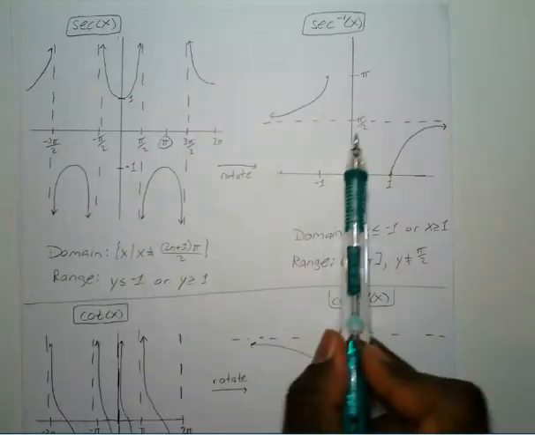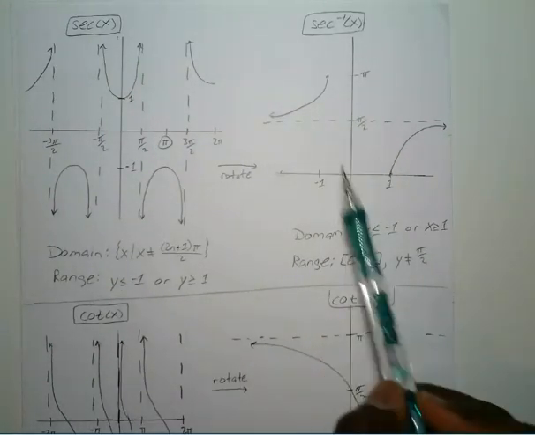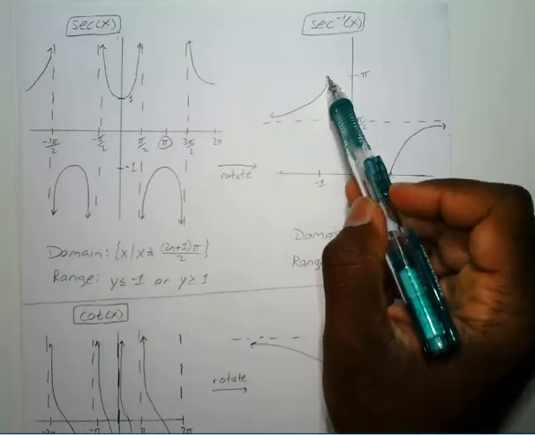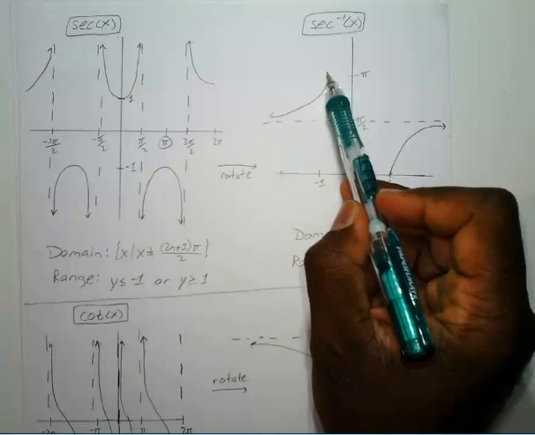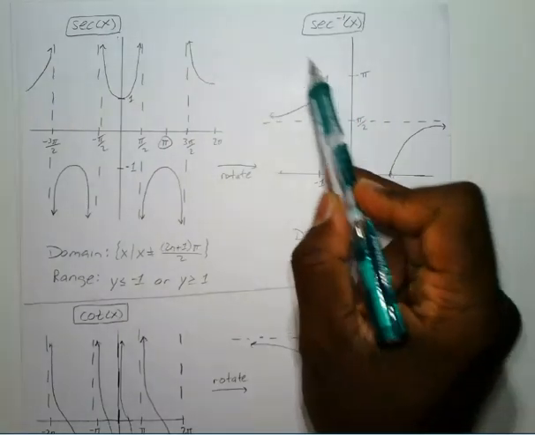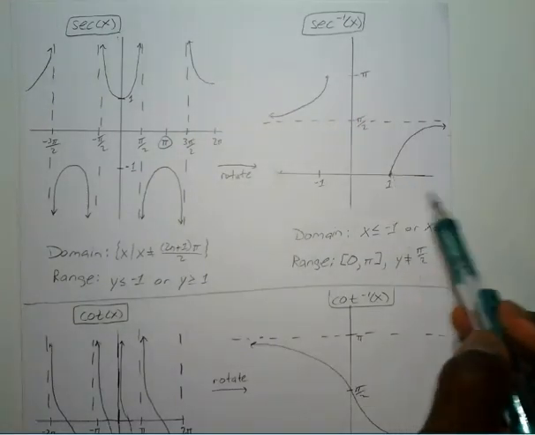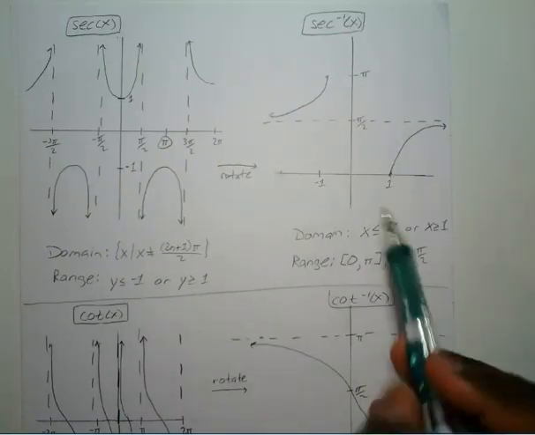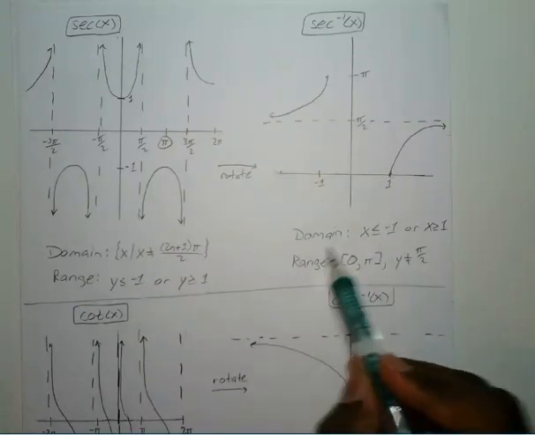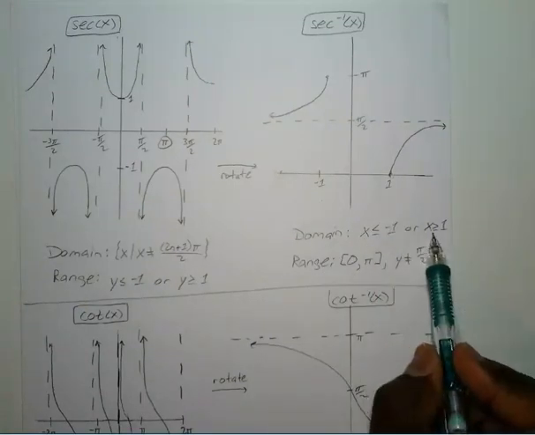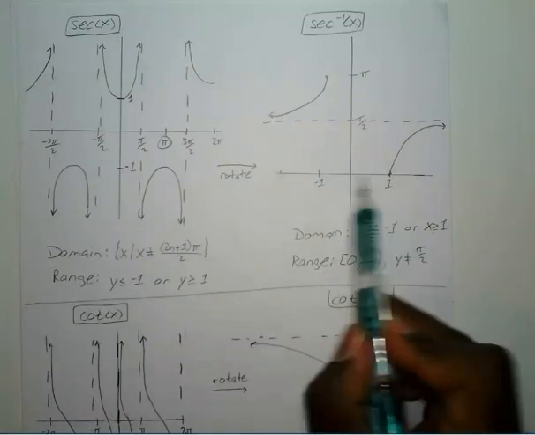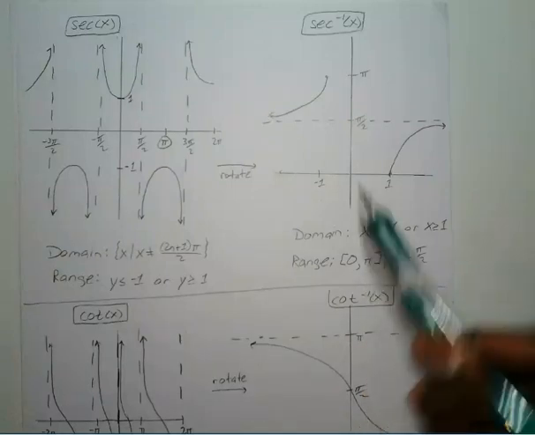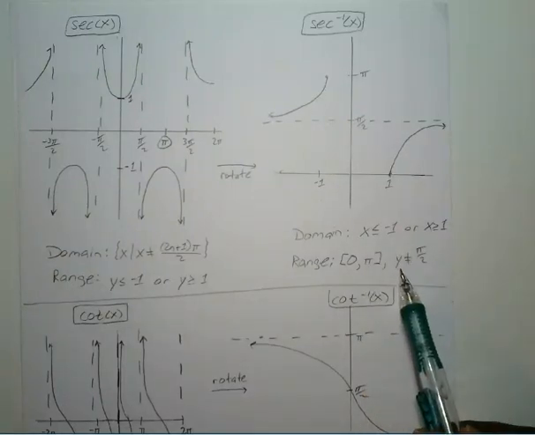So if we turn it sideways to where this is our pi over 2 and this is our 0 here, you can see the graph will look something like this. Again, we chopped off the second half of that part of the graph, and just from 0 to pi, where our domain is x less than or equal to negative 1, or x greater than or equal to 1, which is our domain values here, and our range is from 0 to pi, but y cannot equal pi over 2.